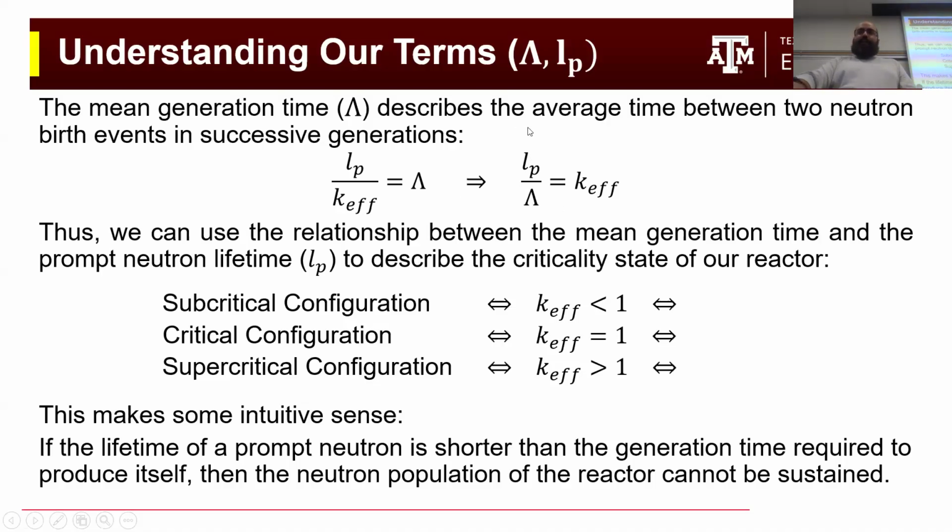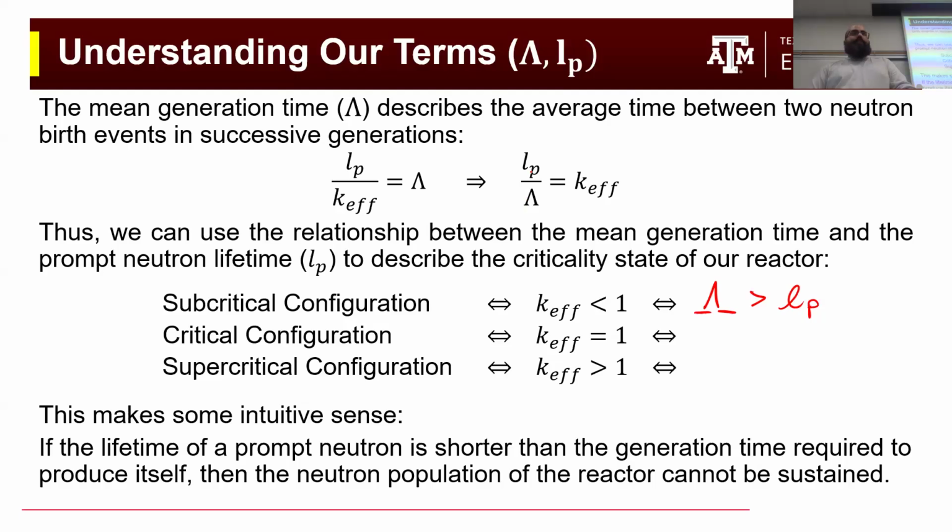And based on this definition, we can write our criticality conditions based on how these parameters vary. For example, if we're subcritical, which means K effective is less than 1, it means that big lambda is bigger than the prompt neutron lifetime. So big lambda bigger than L_P would correspond to a subcritical configuration.